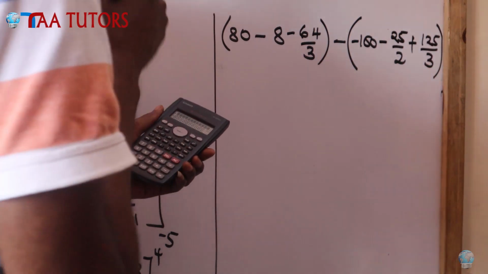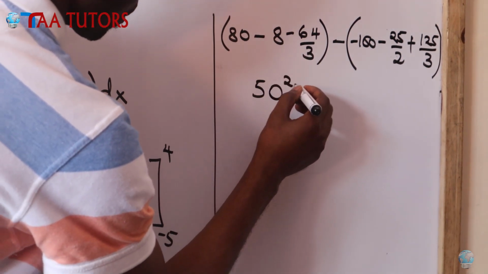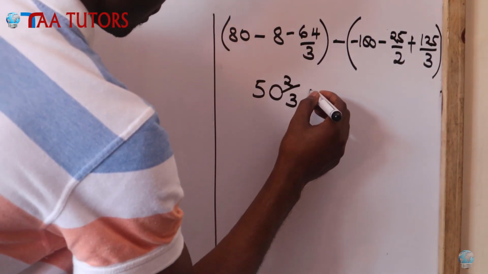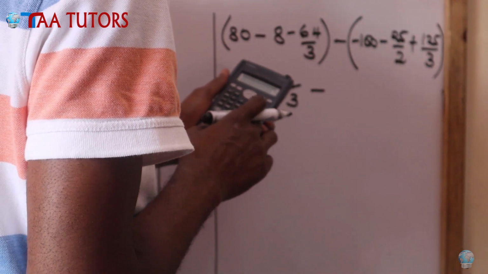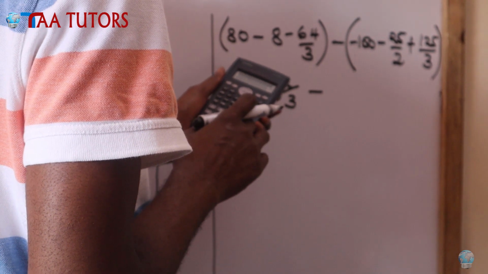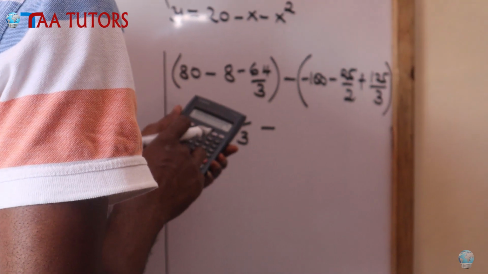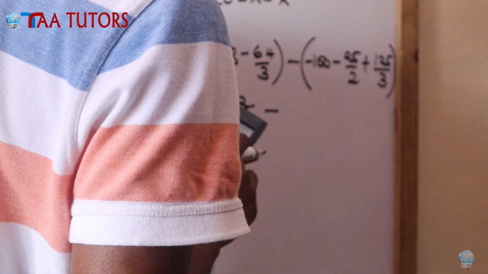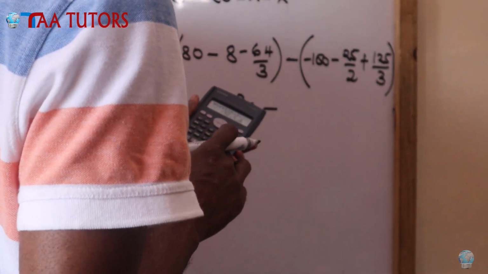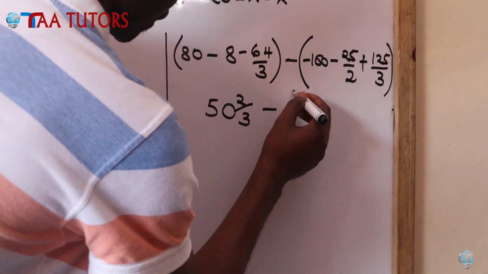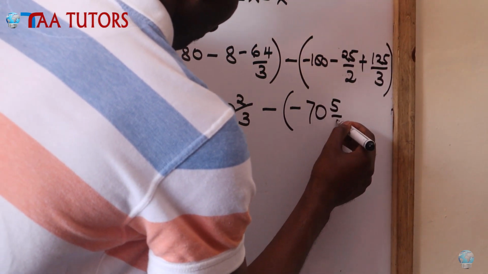We get 50 and 2/3. 50 and 2/3 minus 100, minus 25 over 2, plus 125 over 3. I get minus 70 and 5 over 6.